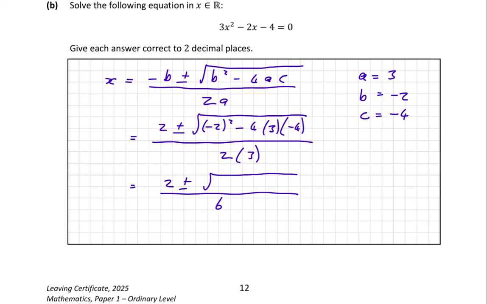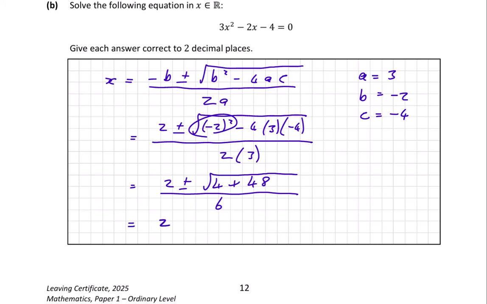Now if we take minus 2, we've got to square that. Minus 2 times minus 2 is plus 4. The rest of them then, you've got a minus times a plus times a minus. Minus times plus will just give us minus. And that minus times this minus will give us plus. So this is going to be plus. After that, it's 4 times 3 times 4. Well, 3 4s are 12 and 4 12s are 48.